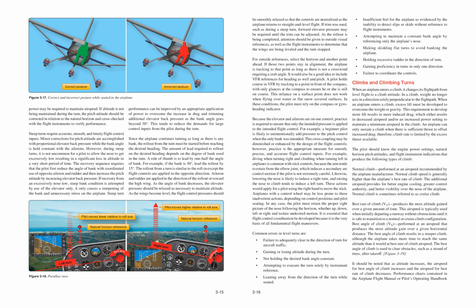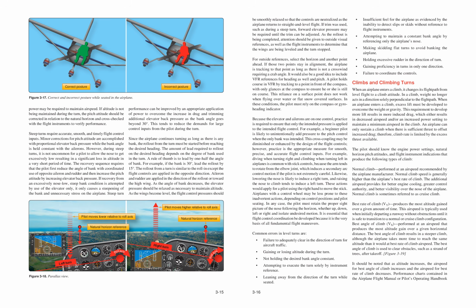Airplanes with a control wheel may be less prone to these inadvertent actions, depending on control positions and pilot seating. In any case, the pilot must retain the proper sight picture of the nose following the horizon, whether up, down, left or right, and isolate undesired motion. It is essential that flight control coordination be developed because it is the very basis of all fundamental flight maneuvers.